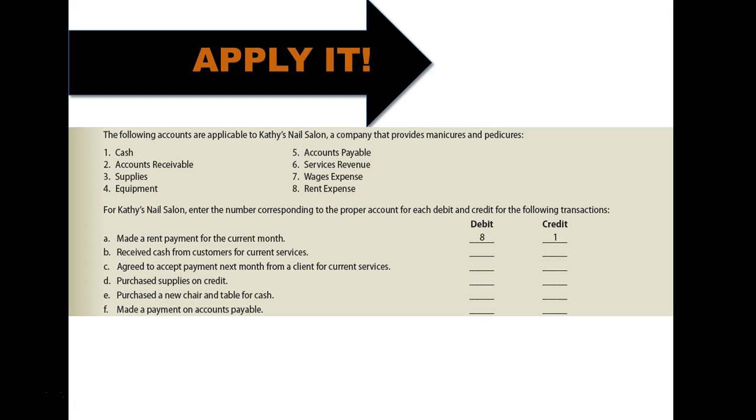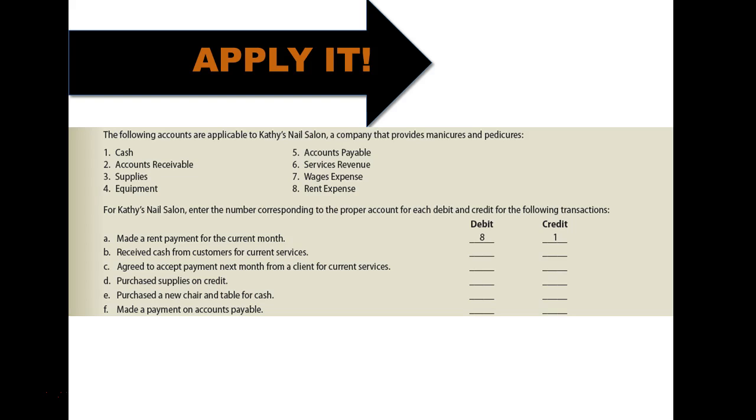The first one, made a rent payment for the current month. We're going to debit rent expense, aren't we? We have rent. Expenses have a normal debit balance, so we're going to debit account 8, and we're going to credit cash of 1.